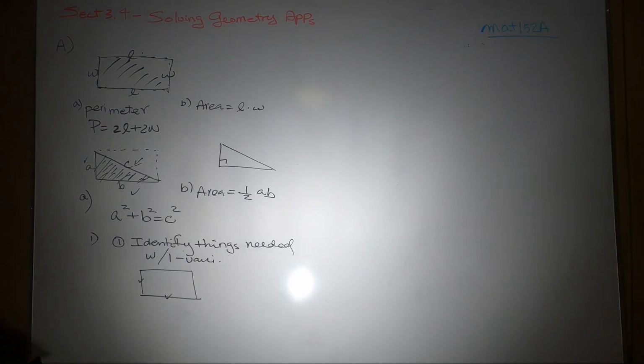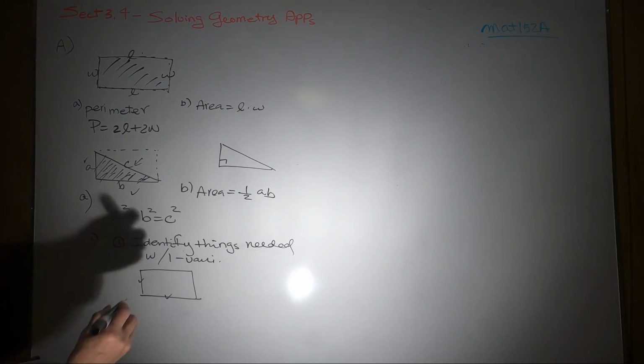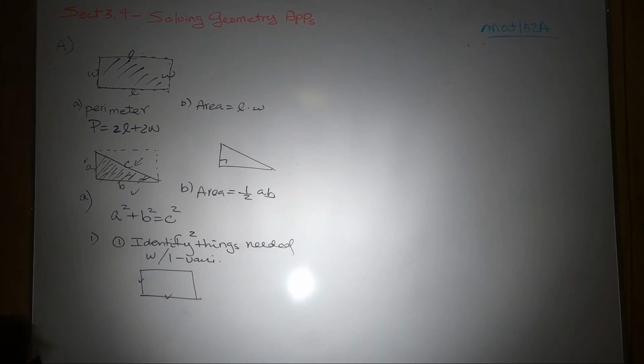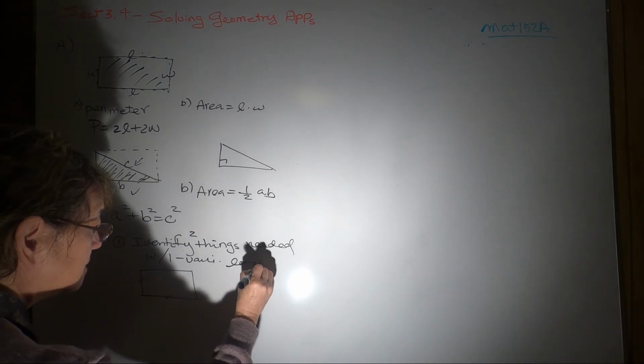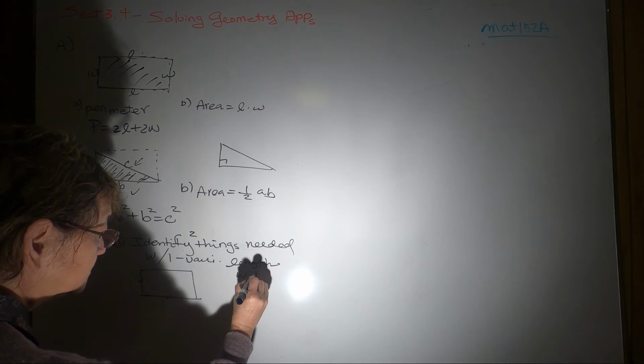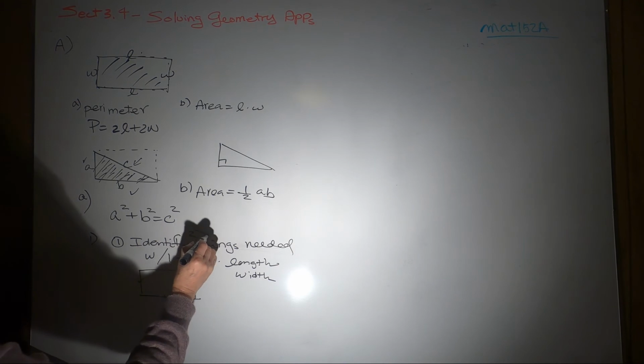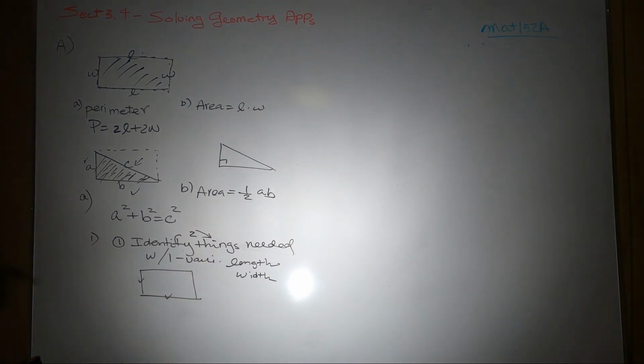We need two things, length and width, but we can only use one variable. How are we going to do that? Because one you can just use as a variable, and the other one you need has to relate to the first one, the variable you use.